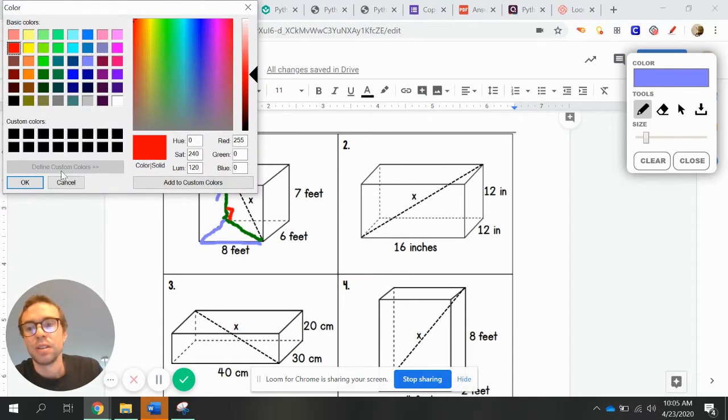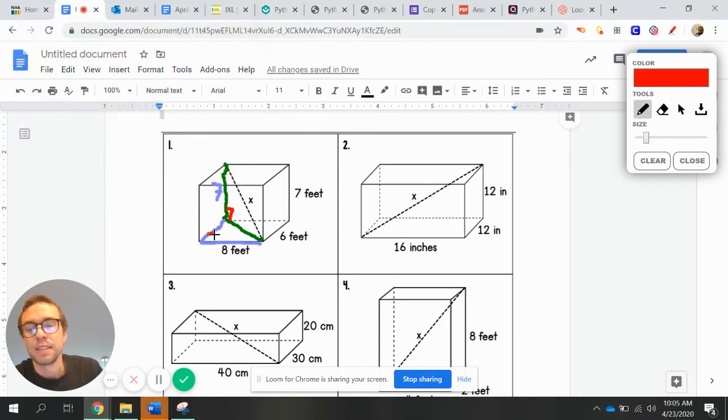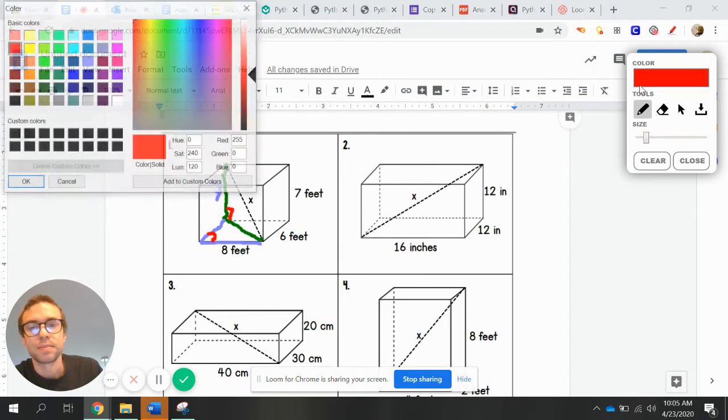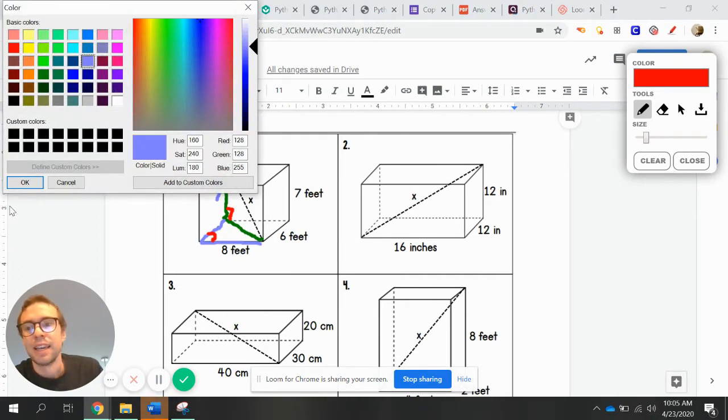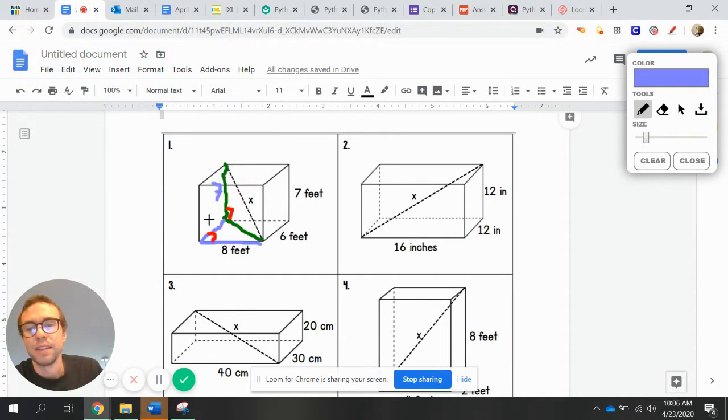I made one down below where I know my two legs. This is another right triangle, and I know this length to be 6, and the other length is already labeled down here as 8. So I would do the Pythagorean theorem right here with these two legs to get this hypotenuse, the one that's across from the right angle.